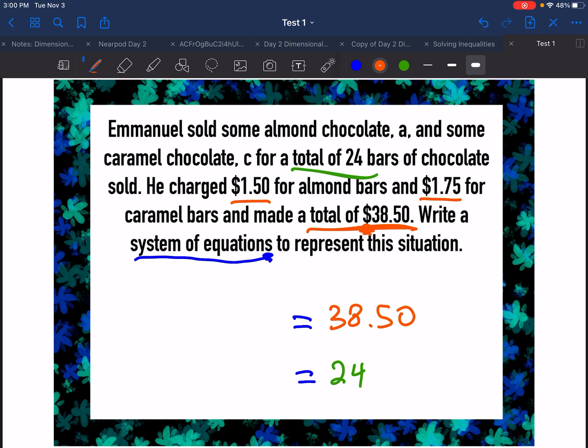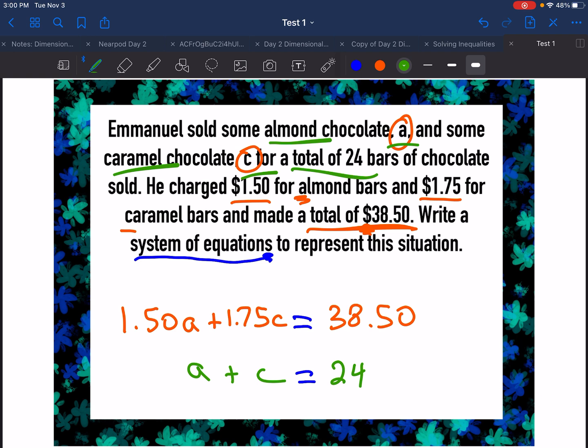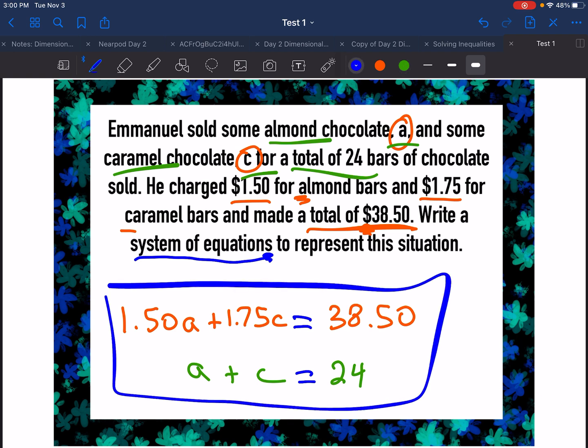The 150, that was for almond bars, and they gave me a letter for that, 150A plus, and then 175 for caramel bars, C. My second equation, again, I'm out of numbers, but I know I was talking about almond bars and caramel chocolate bars, so I'm just going to use A plus C, and that would be my final answer.